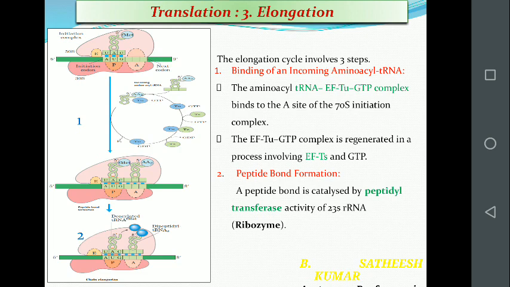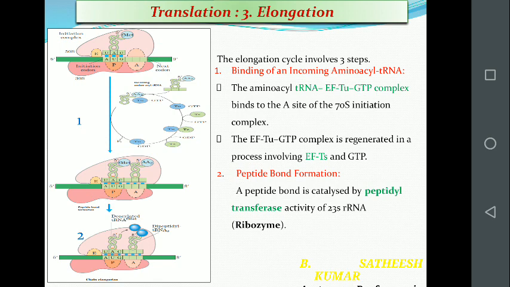The second stage is peptide bond formation, due to the presence of 23S rRNA in the large subunit, which catalyzes the formation of a peptide bond between the two amino acids present on the tRNA molecules. One tRNA is in the P site and another in the A site. So the amino acid from the initiator tRNA is cleaved off, and that forms a peptide bond with the amino acid on the tRNA at the A site.